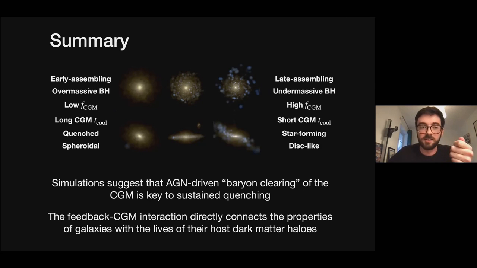So if you form early, you tend to form a more overmassive black hole in your galaxy's center, and this clears your CGM more completely, elevating its cooling time. And so you're much more likely to host a quenched spheroidal galaxy than in a system which forms later. And I think this kind of connection between cosmology and the properties of galaxies is, I don't know, for me, the number one reason to study the CGM. It's connecting the dots of galaxy formation. And with that, I'll thank you for your time.